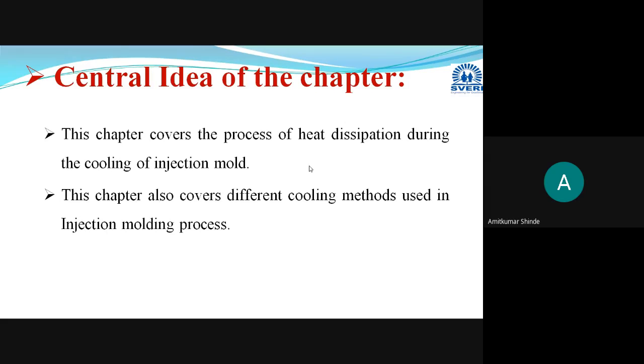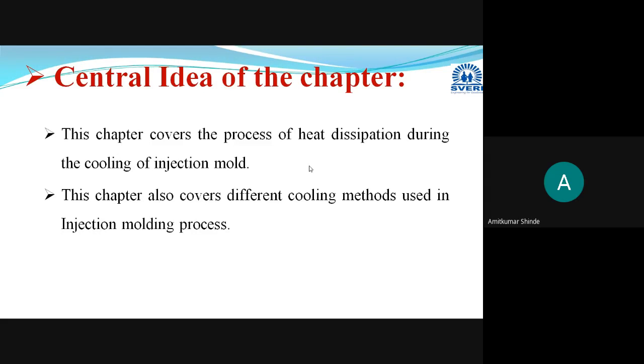Okay, by circulating the water or cooling fluid through the different channels, we are cooling that mold, and in the cooling process heat will be removed from that mold by the water or whichever cooling fluid you are using. Then that amount of heat removed you have to calculate.